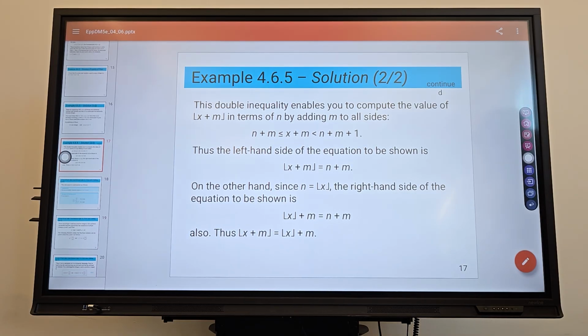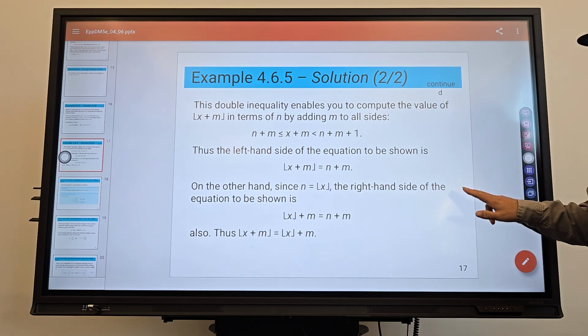Thus, the floor of x plus m equals the floor of x plus m. It's not very clear when I say it, but when you read it, it makes a little bit more sense. I get the symbols mixed up in how I express it verbally.